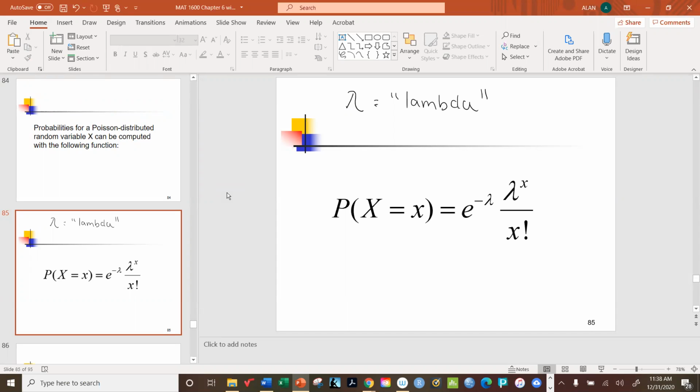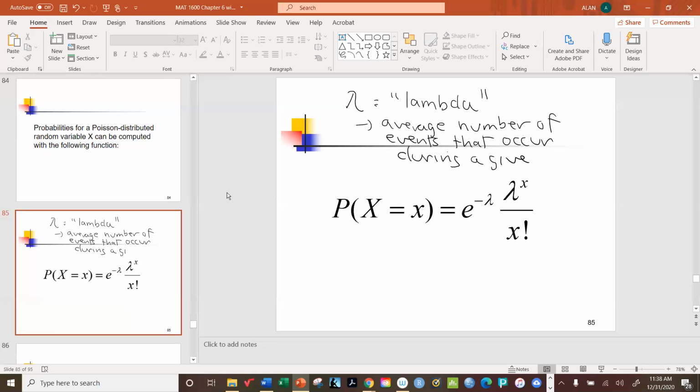And we'll use this in the Poisson distribution to represent the average number of events that occur during a given time interval.